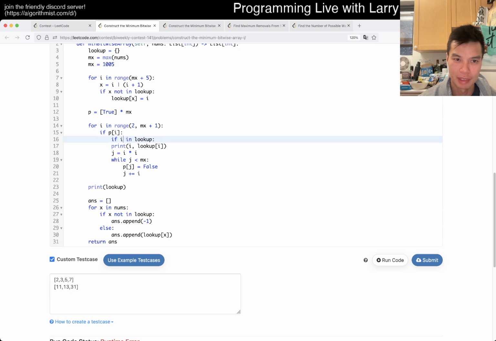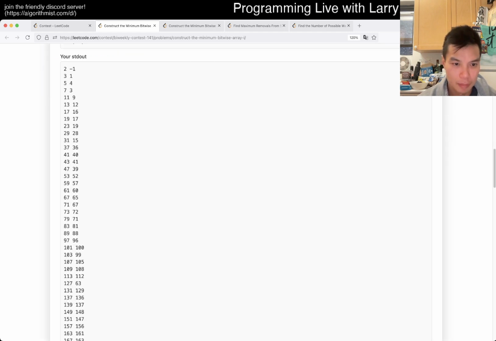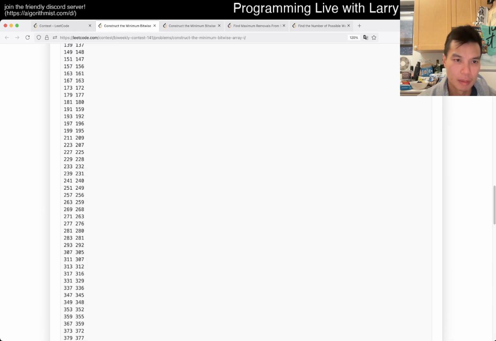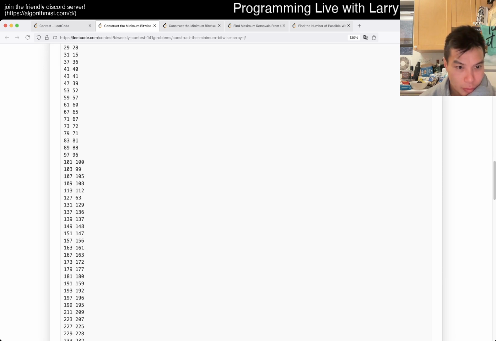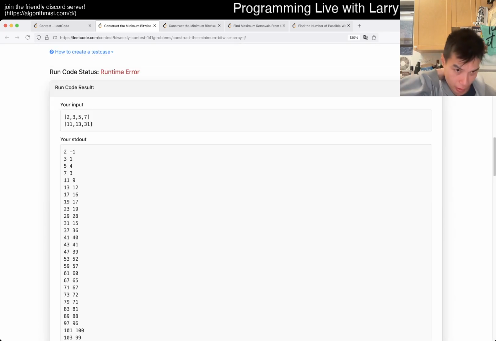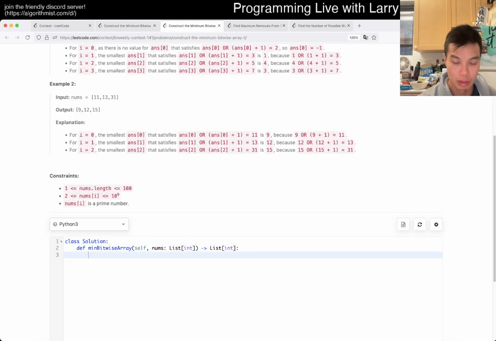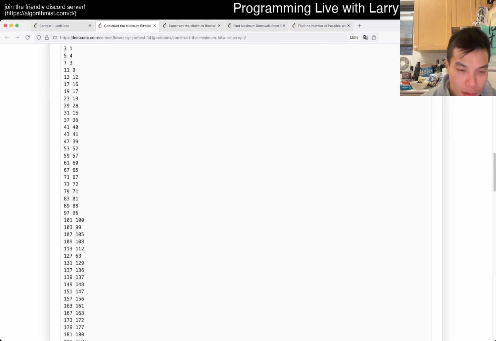I stopped writing it this way. It's kind of weird. So only -1 is 2, right? It seems like it, because everything else. Okay, so okay, yeah, and it's either no.